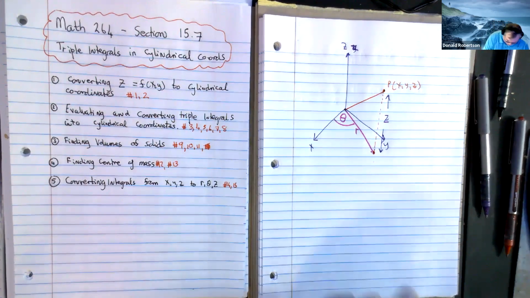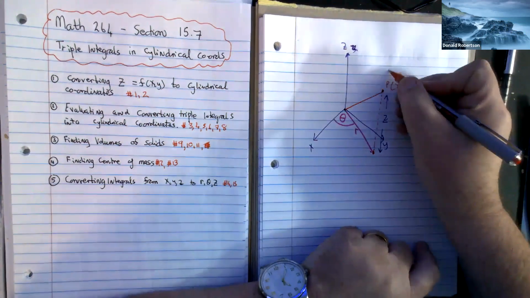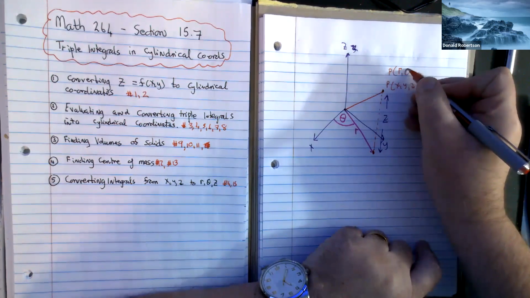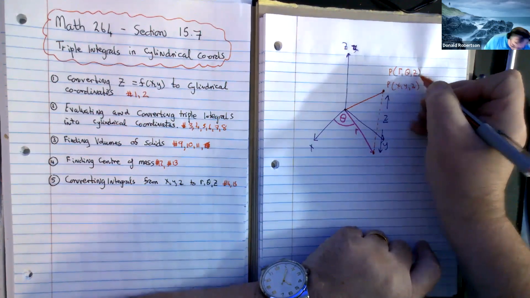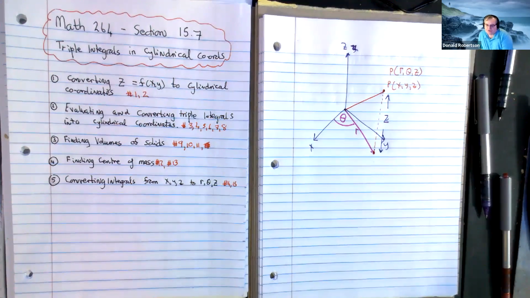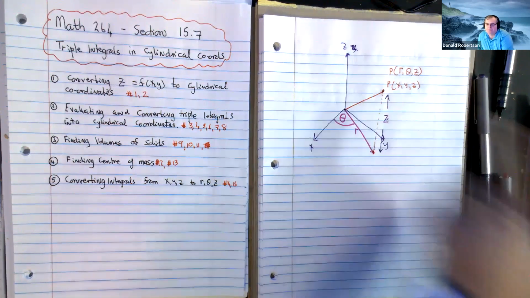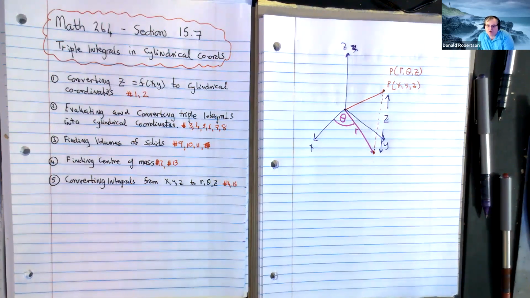So if we tell you that point, we would tell you r, theta, and z. If I told you that r was 5, that theta was 30 degrees, and z was 10, you would be able to plot that point.